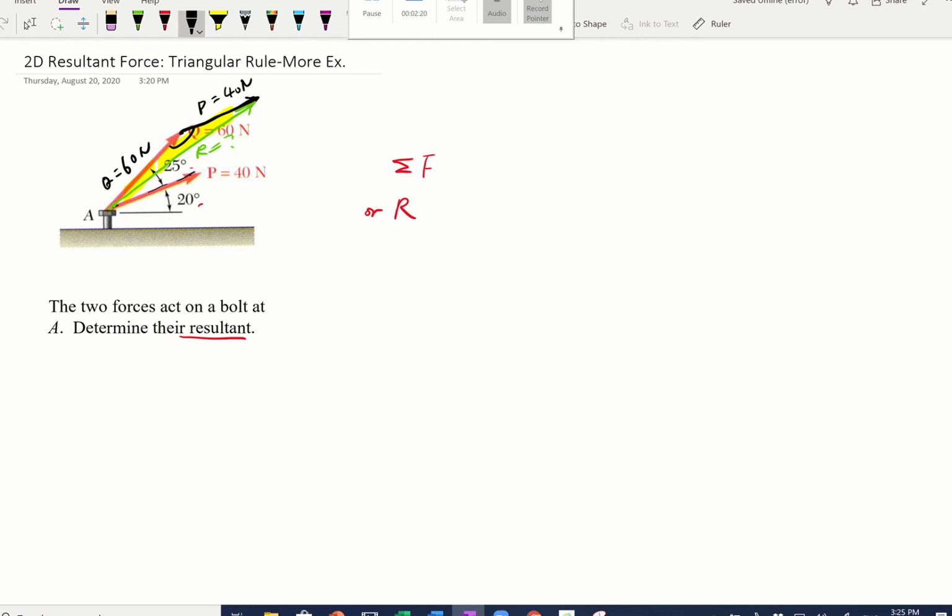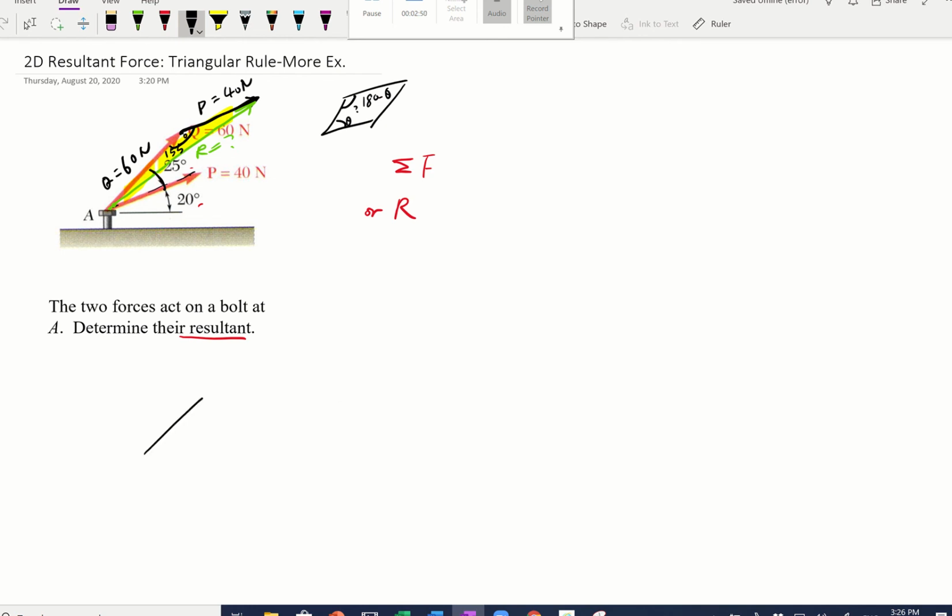Yep, similar to the last problem we did, using the parallelogram concept. If you know this angle, then you will know this angle: if this is theta, this will be 180 minus theta. For this angle, we already know that's 25 degrees, so this angle will be 180 minus 25, which gives us 155 degrees.